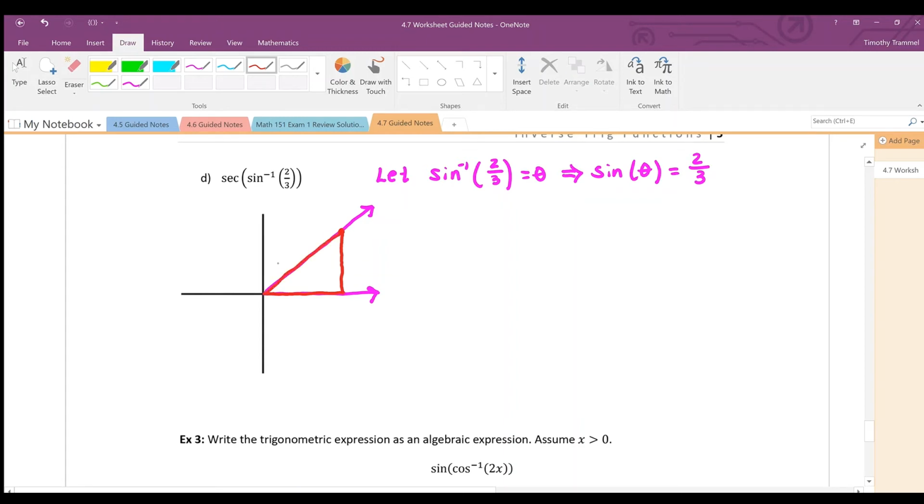So here's the triangle. And actually, this is one of those times where we don't have to find a reference angle because our angle to begin with is acute.